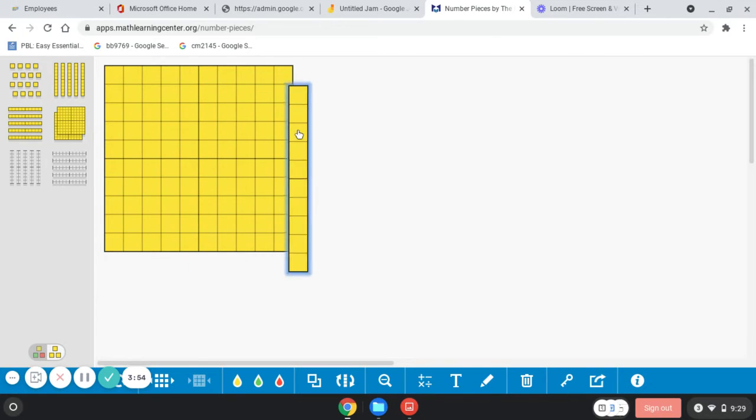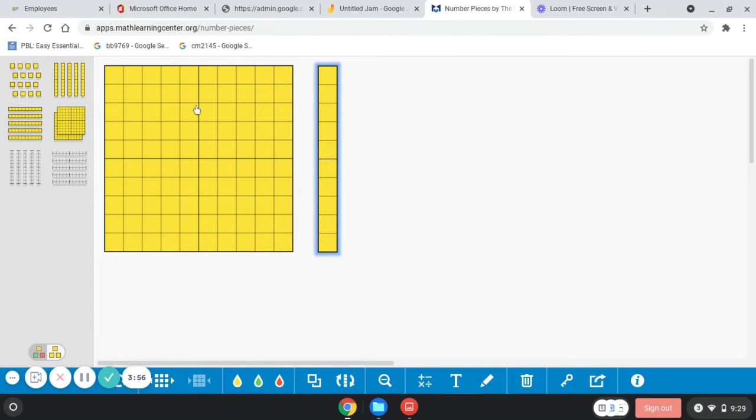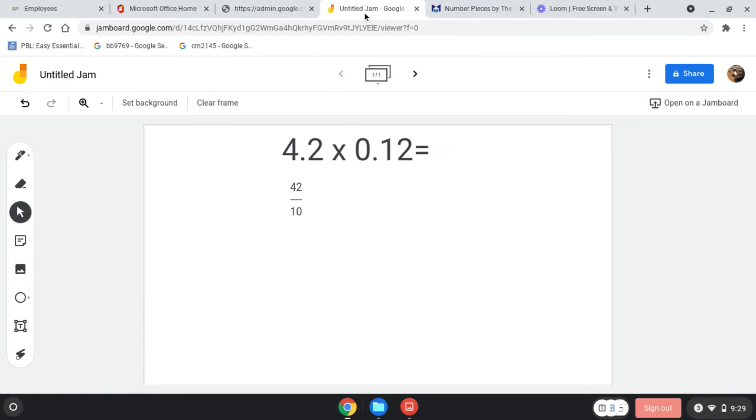So it looks something like this. If I took it and just pulled it out of here, this would be 12 hundredths. Now, since we have 12 hundredths, we are going to take this 12 hundredths and represent it as a fraction.